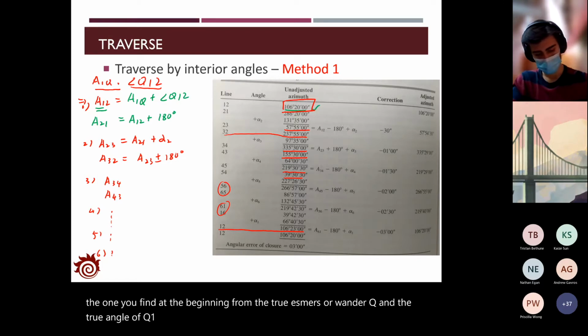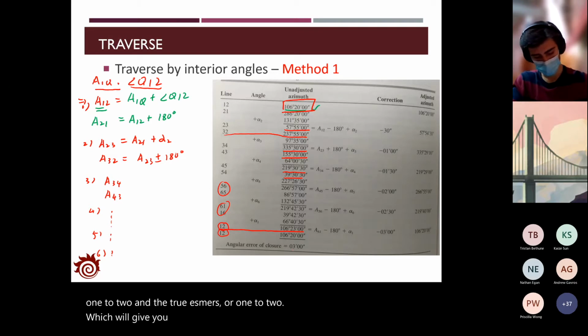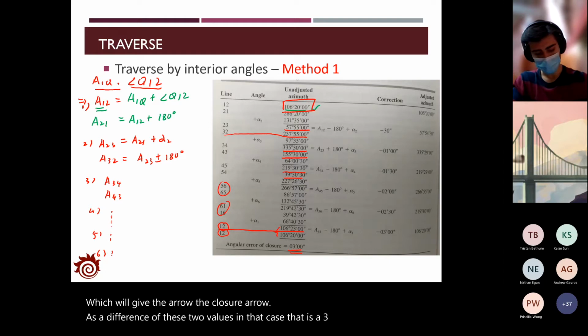You can find out the error between the estimated azimuth of 1 to 2 and the true azimuth of 1 to 2, which will give you the closure error, as the difference of these two values. In that case, that is 3 minutes for this example.